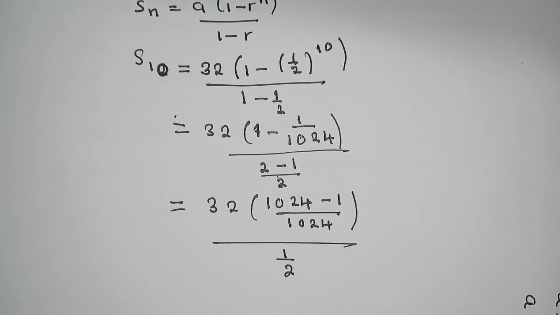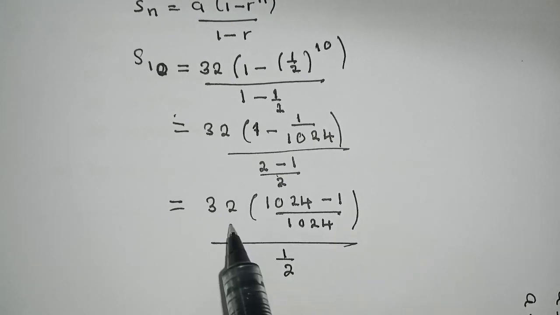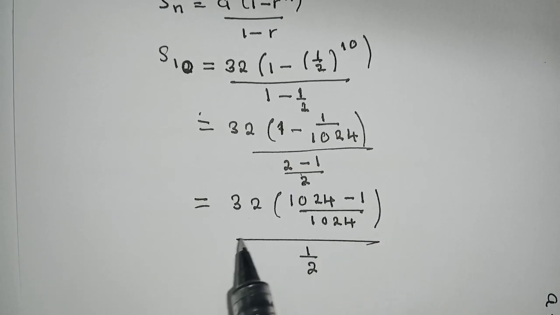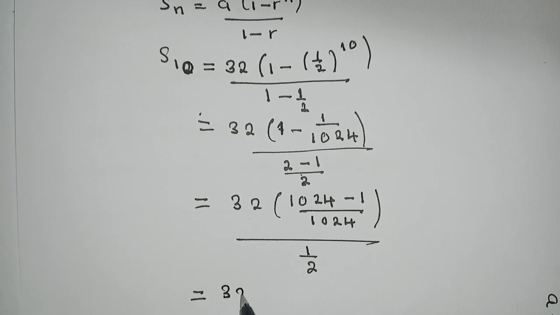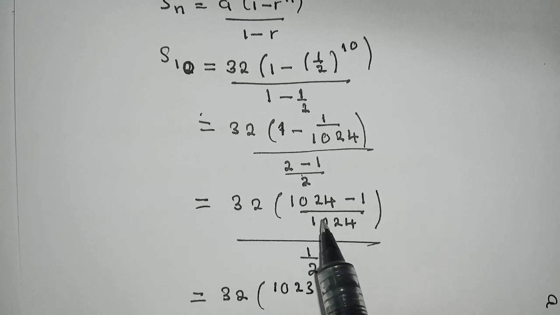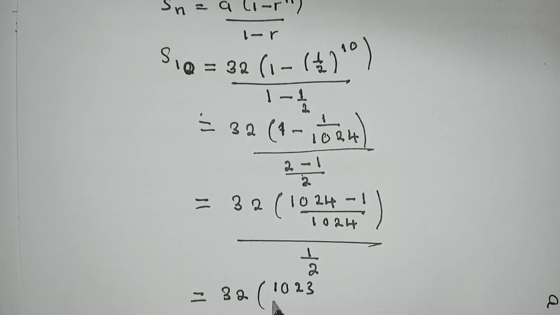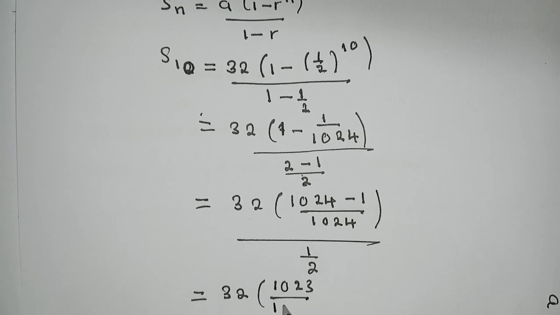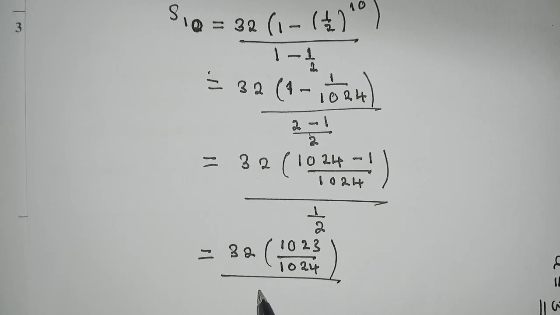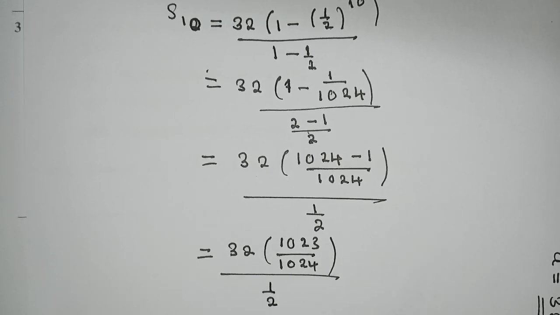Next will be to work out the top. We have 32. Inside the brackets we have 1023, because we say minus 1, we get this value over this. And down here, we have 1 over 2.